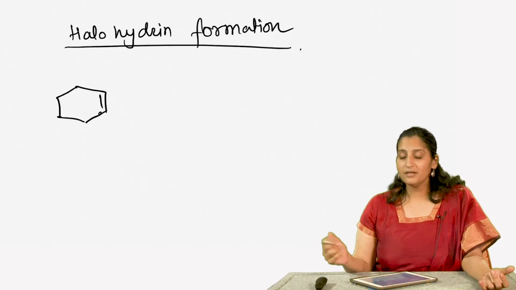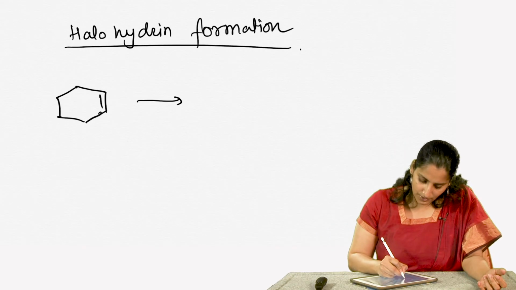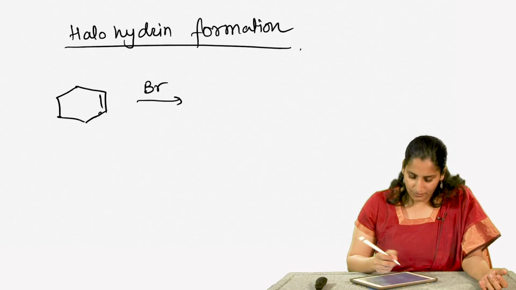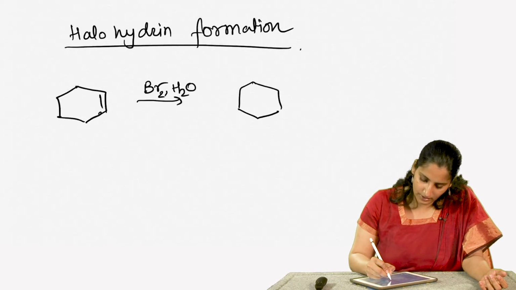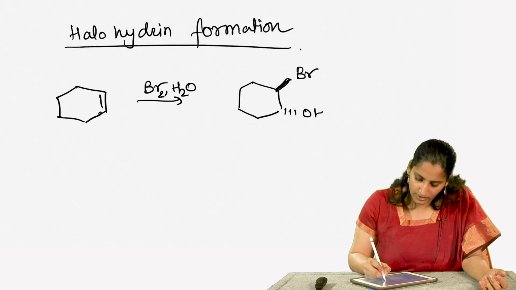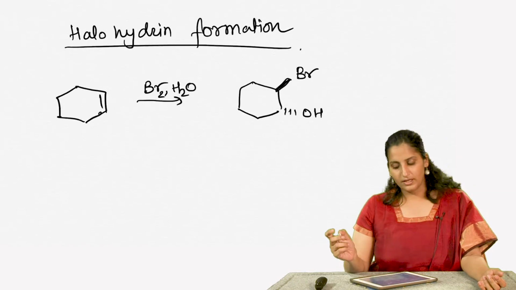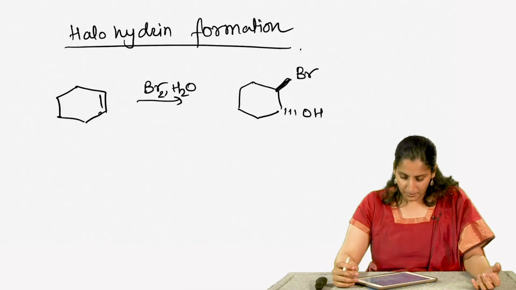Now, remember a reaction where we started with an alkene and reacted it with bromine and water to form a halohydrin in which the bromine and the OH were anti to each other. So, that was the product that was formed.